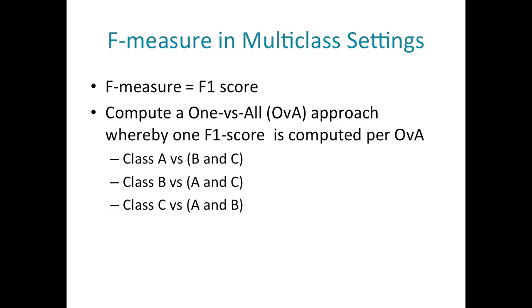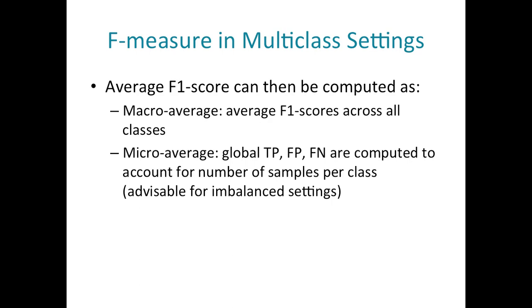And of course, if we are computing this type of F1 score in multi-class settings, we can compute one F1 score for each of these different classifiers, but most of the packages also compute an average across the different F1 scores. And that average can be computed either as a macro average, which is just the average of the F1 scores that you have computed for each of the classes, but it can also be computed as a micro average.